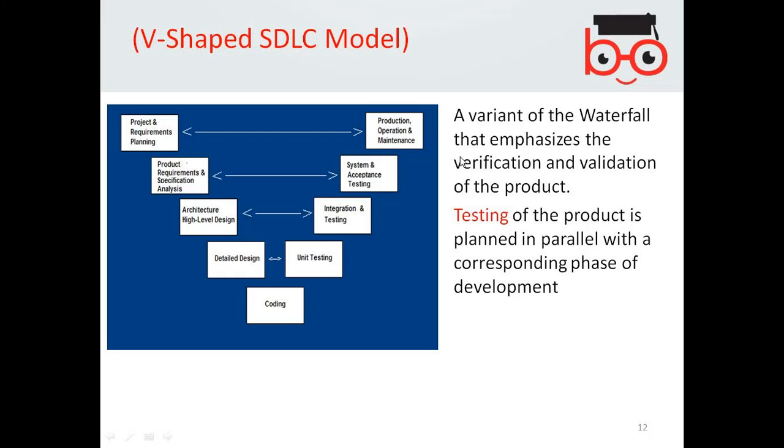In verification, you check that you are doing the product right, and in validation, that you are doing the right product. So if you start at the requirements, the verification and validation should be done at the same time.